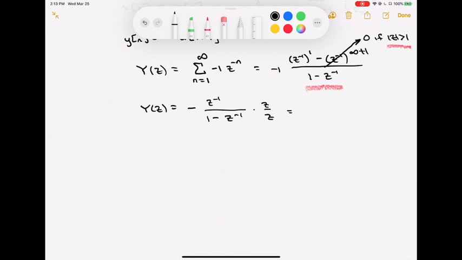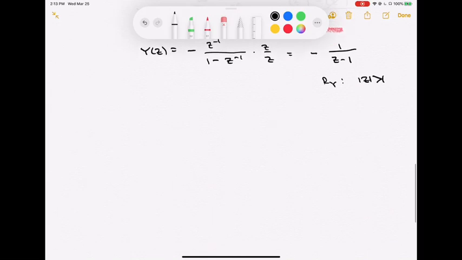Z times z to the -1 is just a 1, and in the denominator, z minus z times z to the -1, that's going to be my 1 down there. So I'm going to get a total transform here of minus 1 over z minus 1, and my region of convergence Ry is such that norm z is greater than 1.